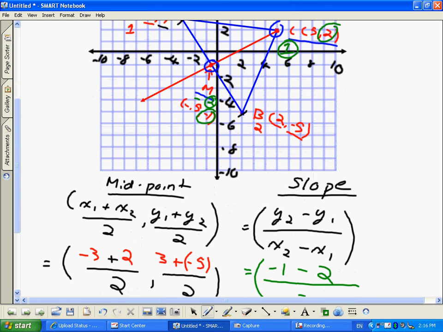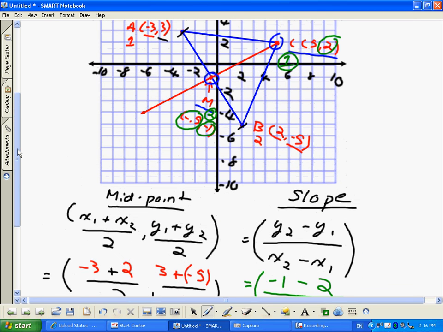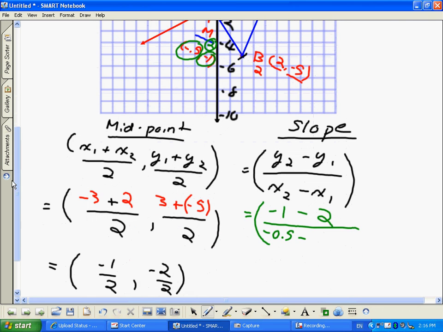My x2 is going to be -0.5. And our x1, that's right, is +5. So we just write the number 5 in.